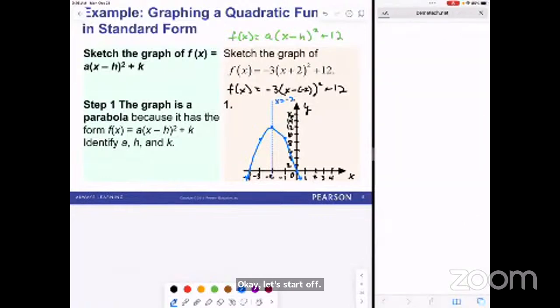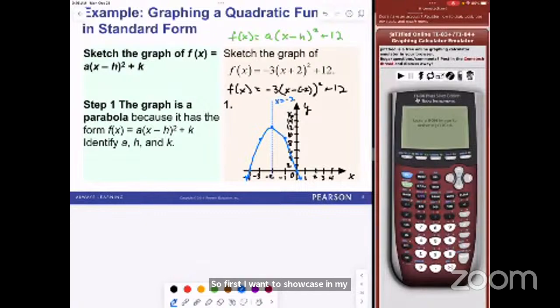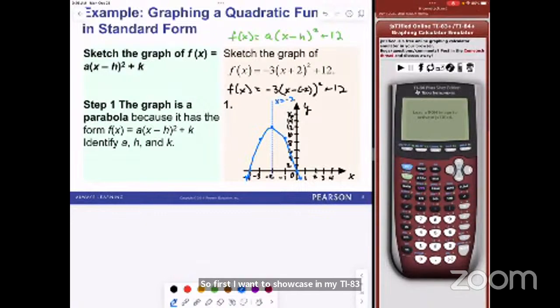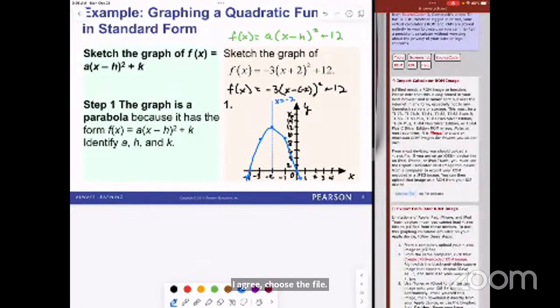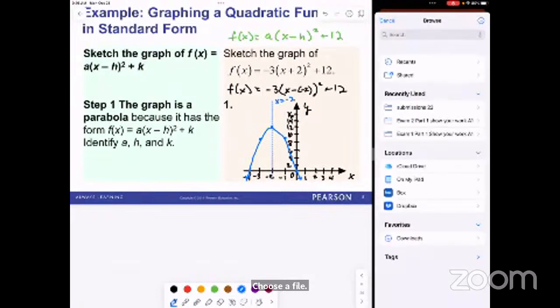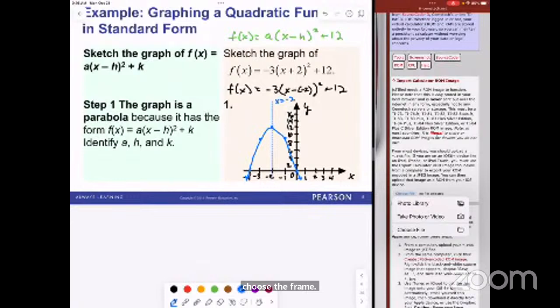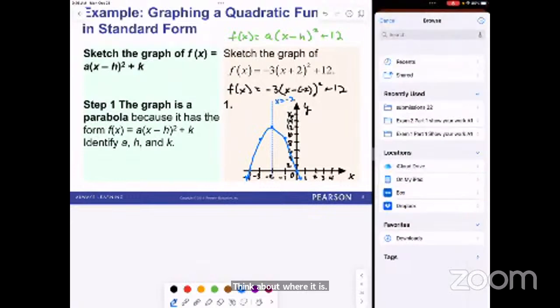So first I want to showcase in my TI-83 plus, I guess I gotta pull it back up. Choose the file. I gotta think about where it is. I'd have it here. Oh, this one.